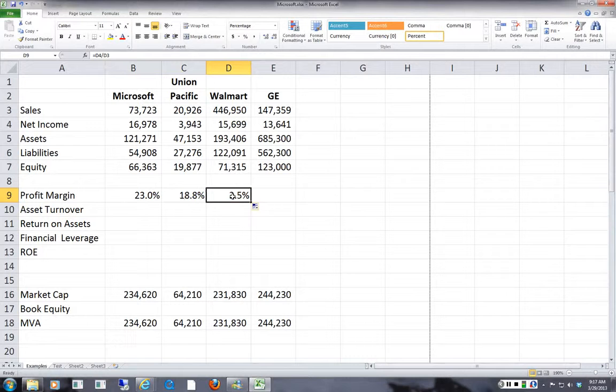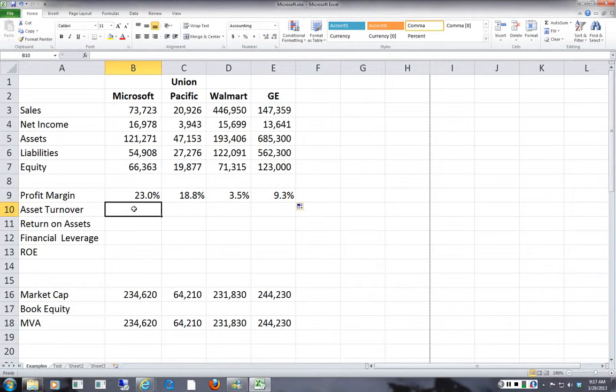But look at this. Walmart is only 3.5%. And so you may start wondering, how does Walmart, as profitable as they are, become profitable when they only make 3.5% on each sale? We'll find out in just a minute. And GE is 9.3%. It was always between 12 and 15% when I was there.